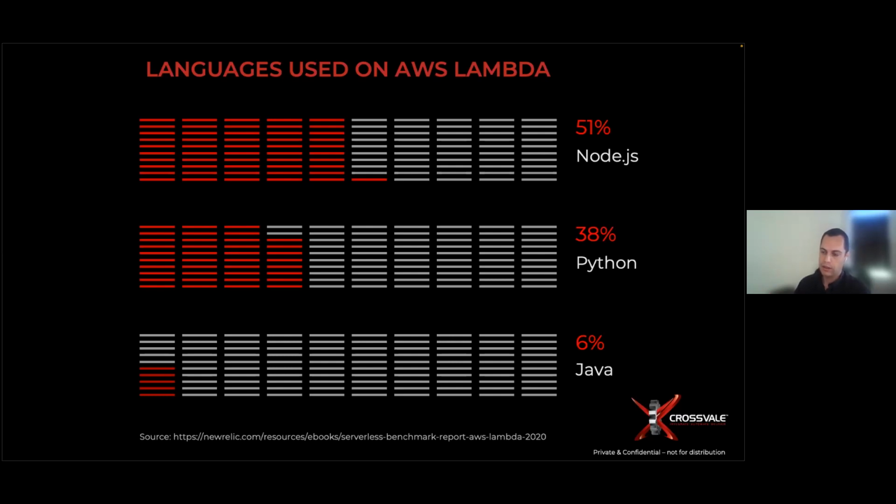So Java was losing, this is from 2020, the battle of the functions. When we go from a full application to a function, something that is executed in just that time and then discarded, the battle was being won by Node.js and Python.